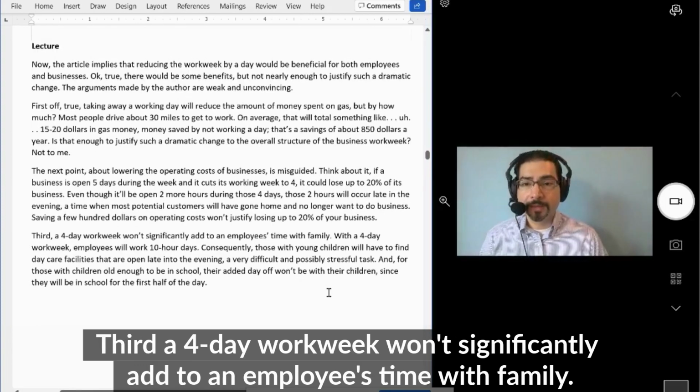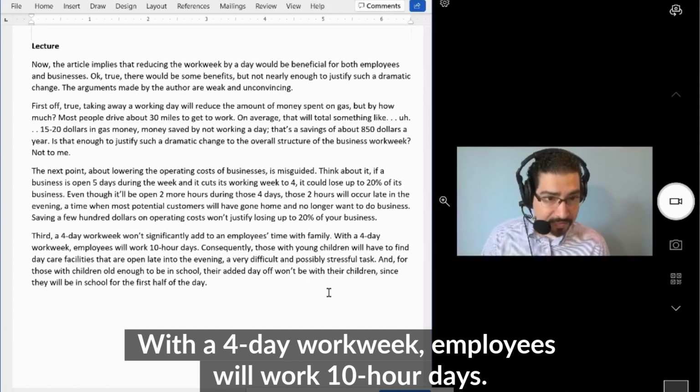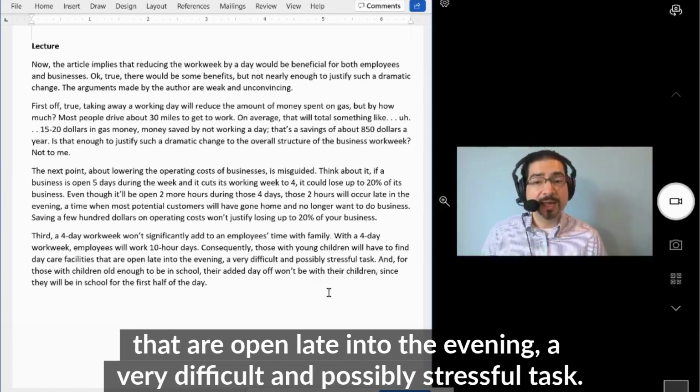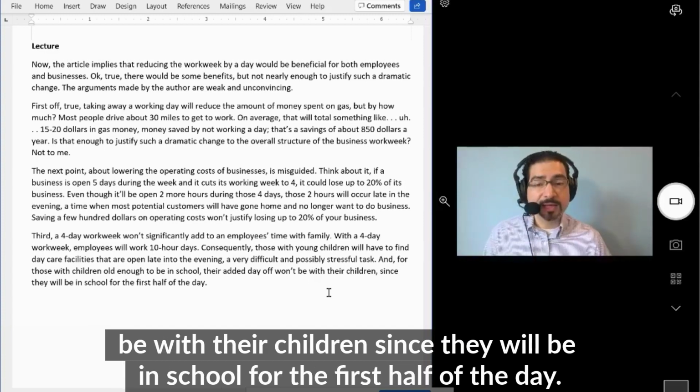Third, a 4-day work week won't significantly add to an employee's time with family. With a 4-day work week, employees will work 10-hour days. Consequently, those with young children will have to find daycare facilities that are open late into the evening, a very difficult and possibly stressful task. And for those with children old enough to be in school, their added day off won't be with their children since they will be in school for the first half of the day.